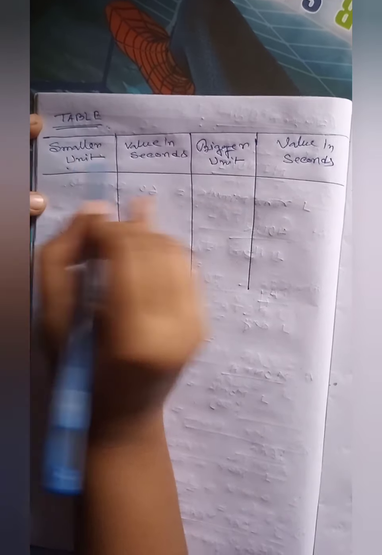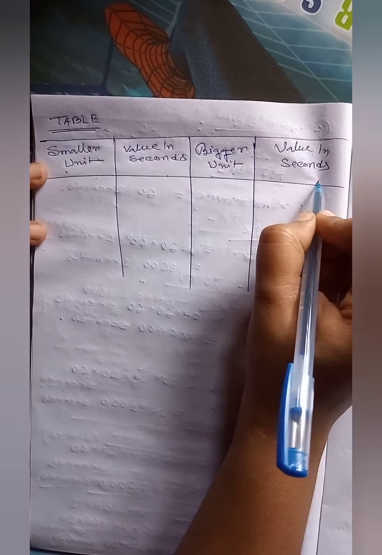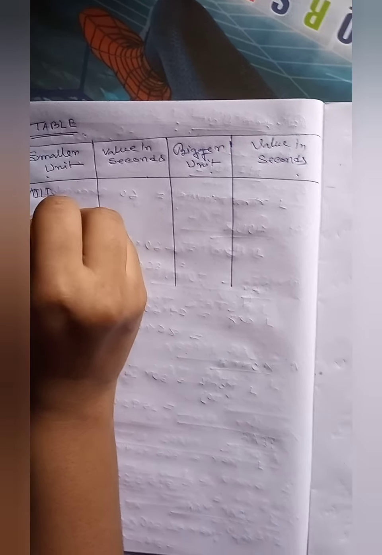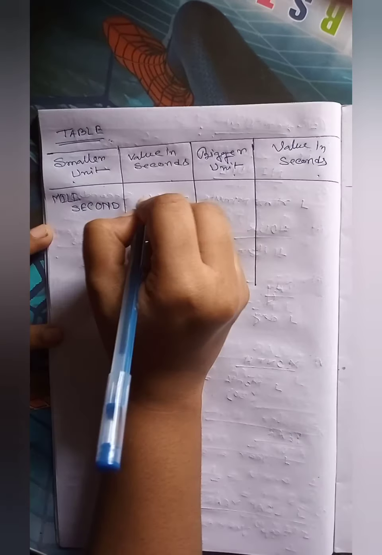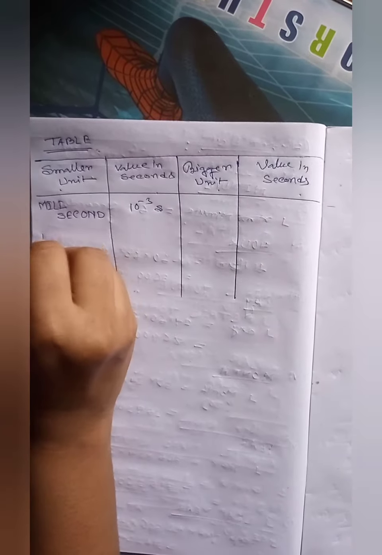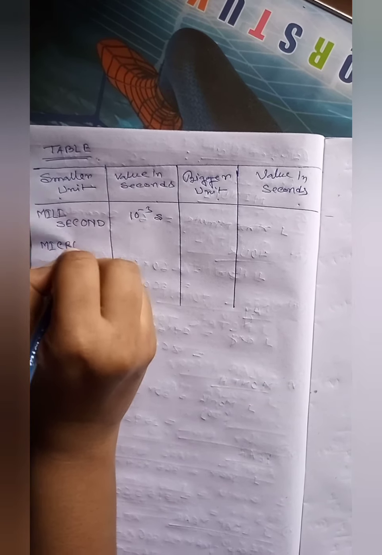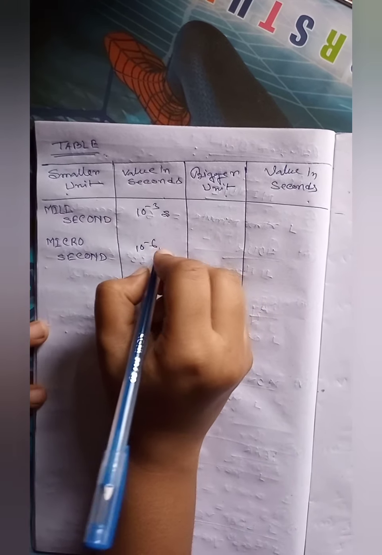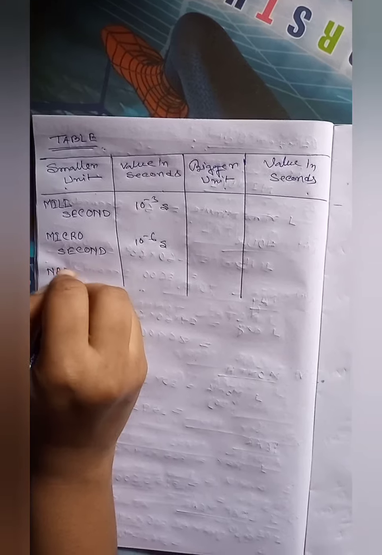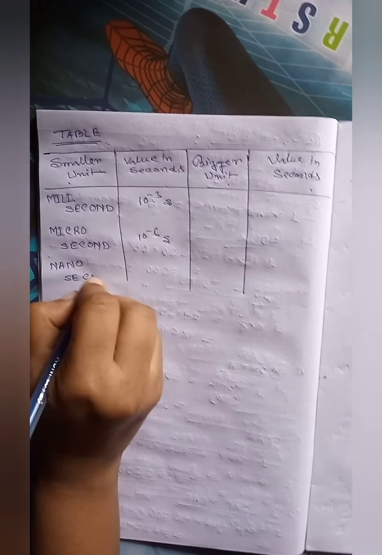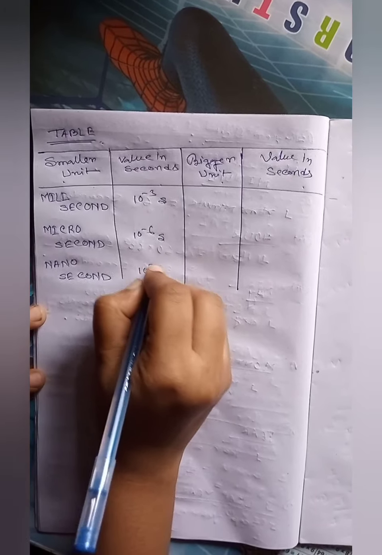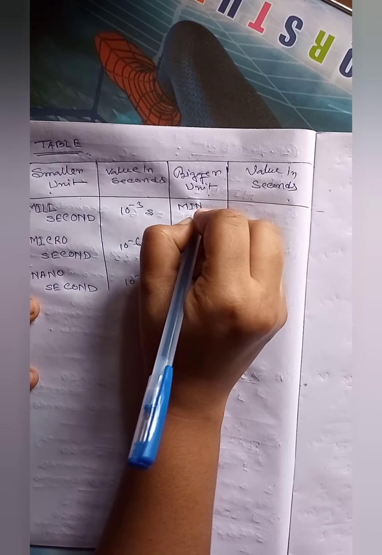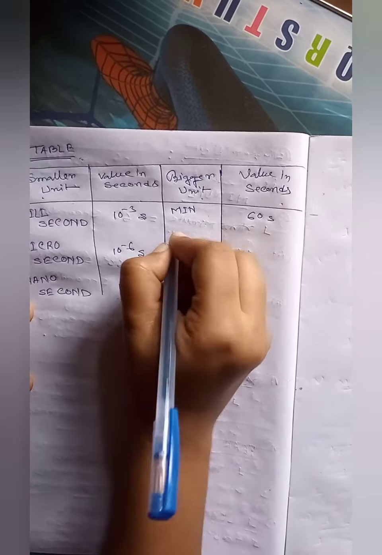Now table: smaller unit, value in seconds, bigger unit, value in seconds. Smaller unit millisecond, 10 to the power minus 3 seconds. Microsecond, 10 to the power minus 6 seconds. Nanosecond, 10 to the power minus 9 second. Bigger unit minute, 60 seconds.